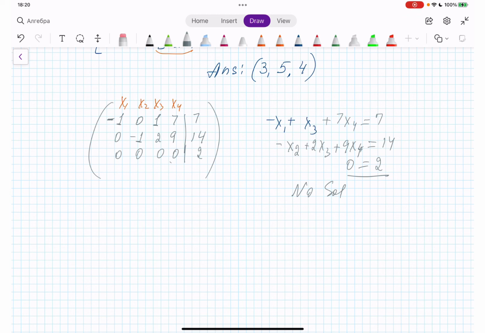But if you are given some abstract matrix, let's say negative 4, 5, 7, 3, 6, negative 1, you don't have the right to do these transformations, because this matrix does not represent any system of equations. It's just a matrix.